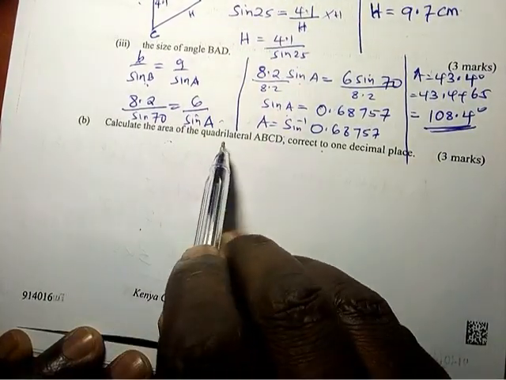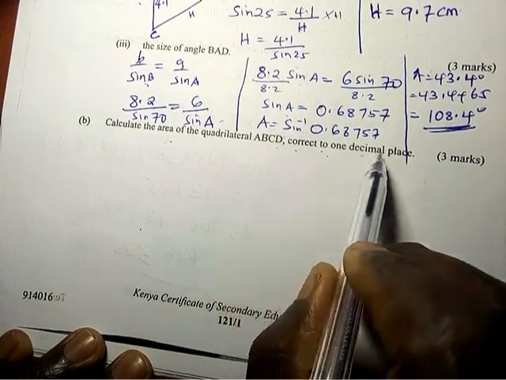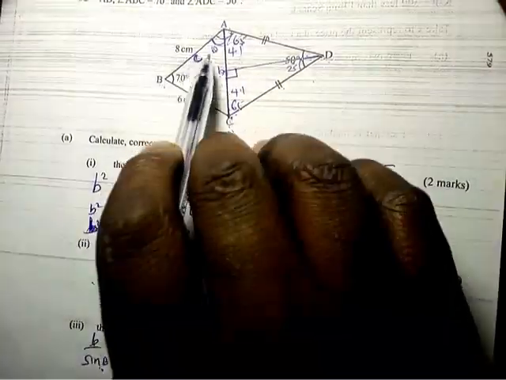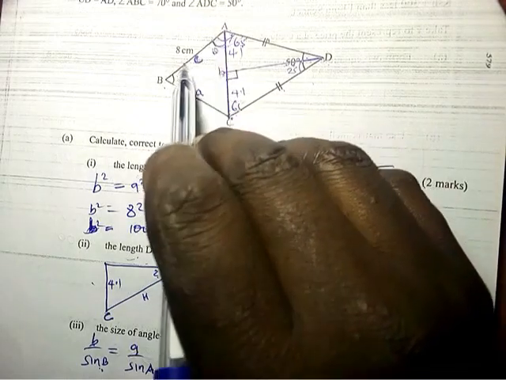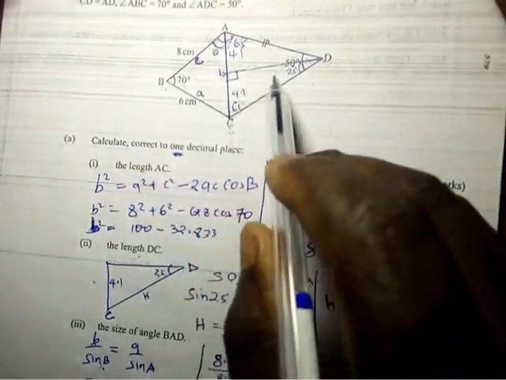Calculate the area of the quadrilateral ABCD correct to 1 decimal place. We want now to calculate the area of the whole thing. To calculate it, we take the area of triangle ABC and add the area of triangle ACD.